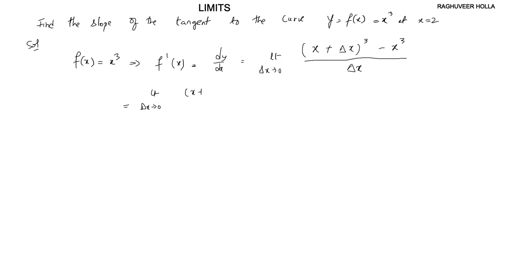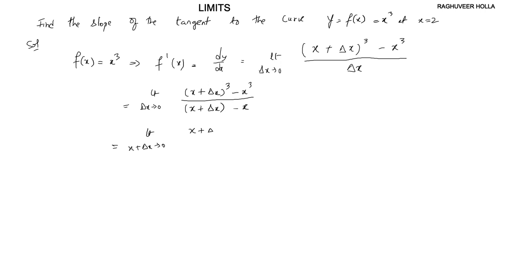Now the limit as delta x tends to 0. Now we have (x plus delta x) whole cube minus x cube divided by, now I'll add x and subtract x, so that x plus delta x becomes like this, and minus x.